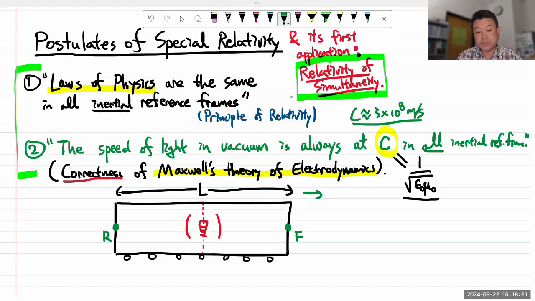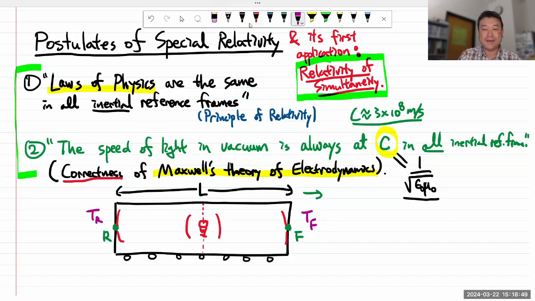There are detectors. So when you emit this pulse of light, the detectors at the front and the back can detect when the light has arrived. So when they are functioning, they can measure the time at front when the light pulse has hit the front, and the time at the rear when the light pulse has hit the rear of the train.